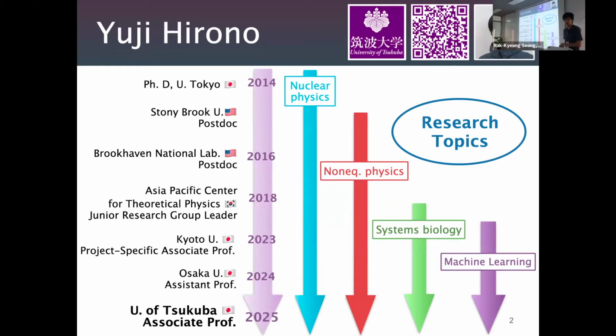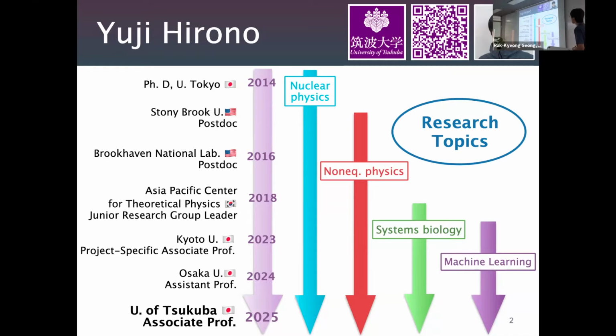After that, I spent nearly 5 years in South Korea, working at the Asia Pacific Center for Theoretical Physics, located in Pohang, which is not far from here. And currently, from this April, I'm working at the University of Tsukuba in Japan.